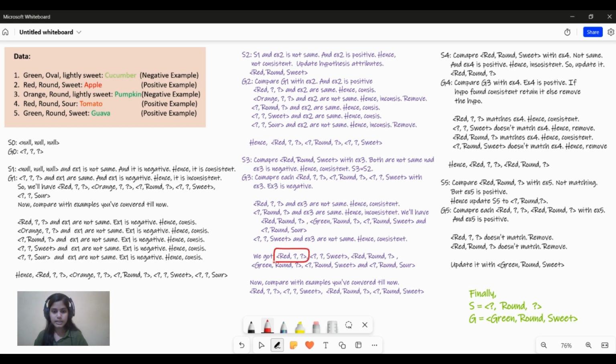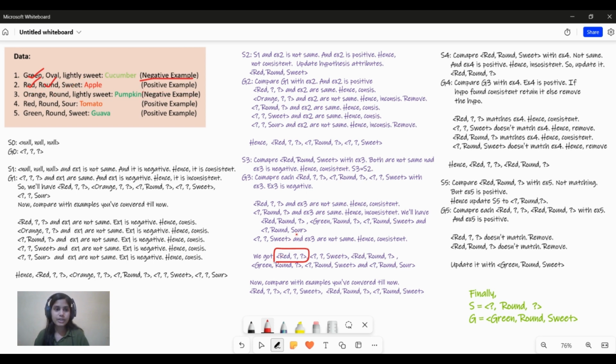So this one we will compare with the first example: red, not matching, but the example is negative, so it is consistent. Red covered, round with question mark covered, sweet with question mark covered, and the example is positive, so it is consistent. Next, red not matching, so the example is negative. So it is consistent, so we will retain it.